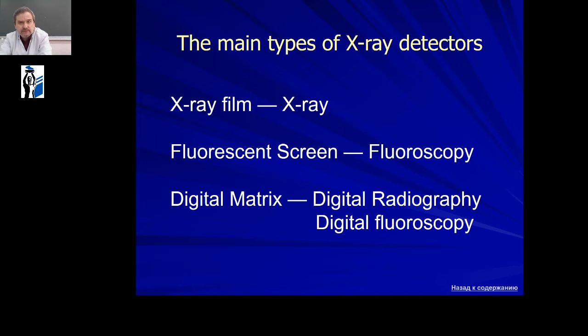The main types of X-ray detectors. The first type is X-ray film, and the method for this type is X-ray examination.